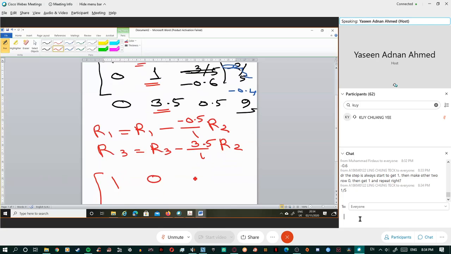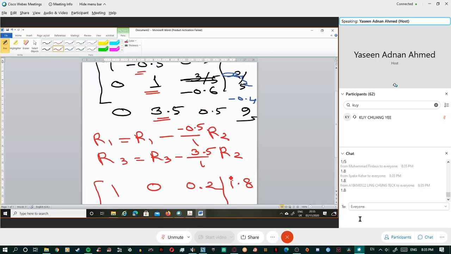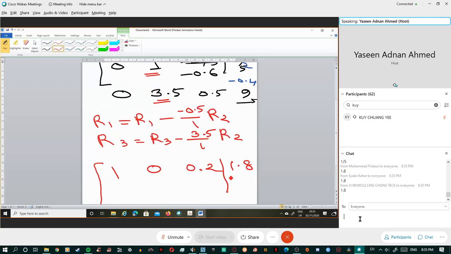This one is 0.2, you mean? Okay. And how about the next one? This element, 1.8. Okay, next. Row 2, I am not changing anything, so I can just copy it. That was 0, 1, 0.6, and 0.4.